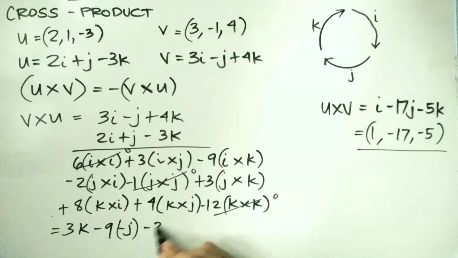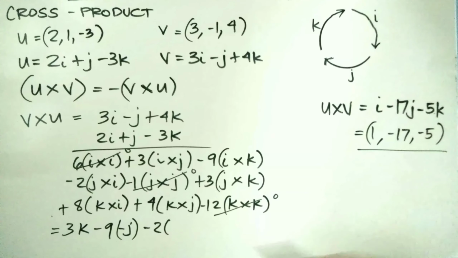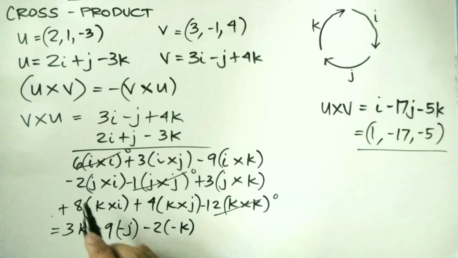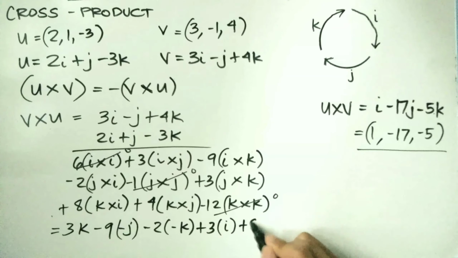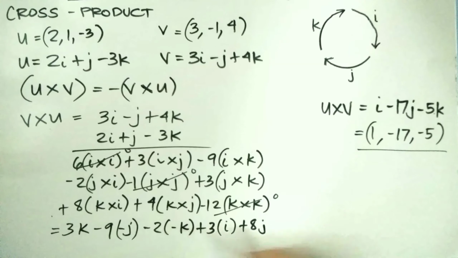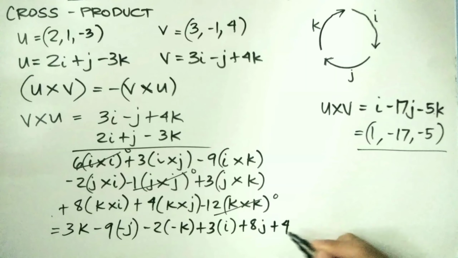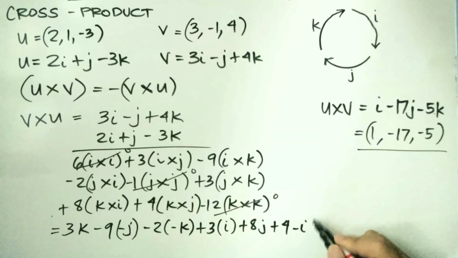Then negative 2 j cross i does not follow the direction of the arrows, that would be negative k. And we have positive 3 j cross k, so positive i, plus 8 k cross i, that is positive j. And lastly, plus 4 k cross j, that is negative i.